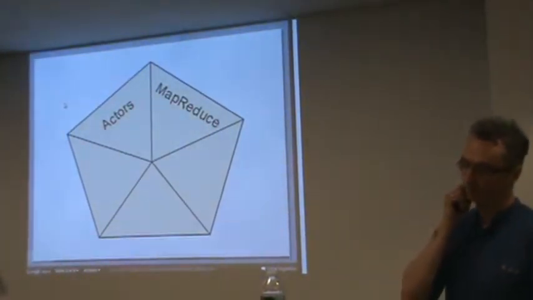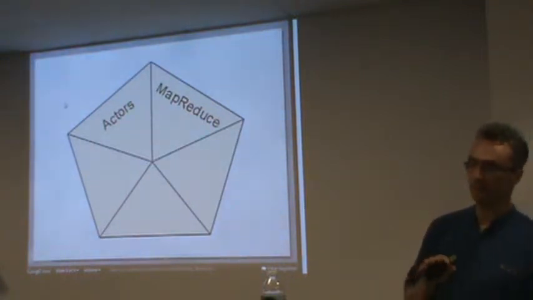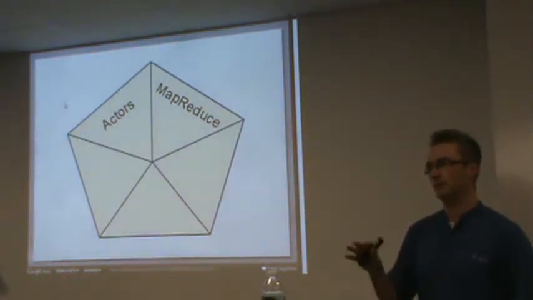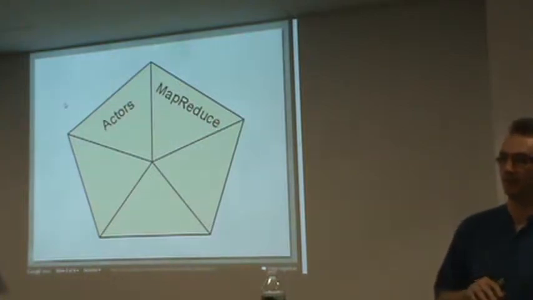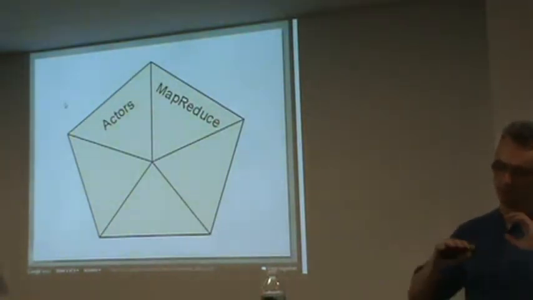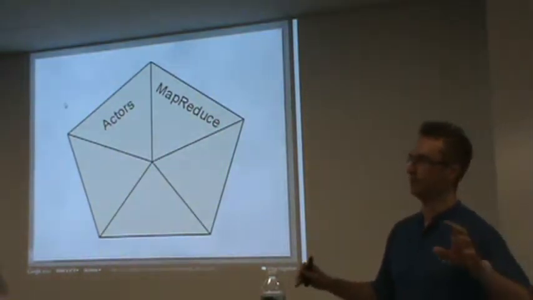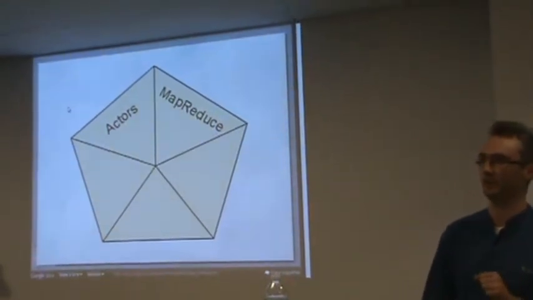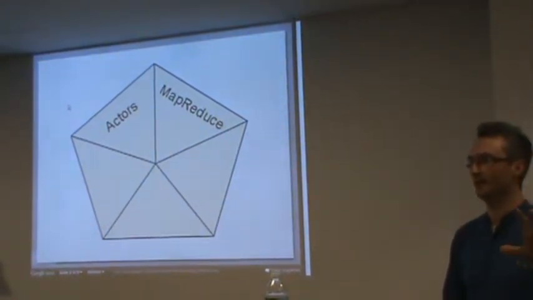MapReduce. I also observed that when people think these days about doing any kind of processing in a cluster, this is the first thing that comes to their mind: MapReduce. Oh, that's a MapReduce problem.